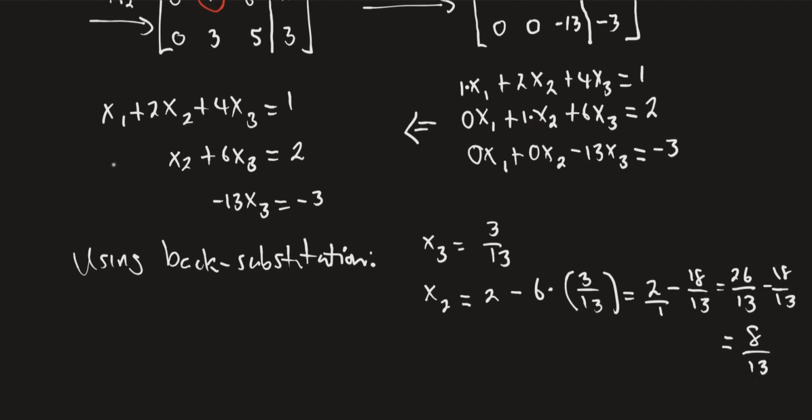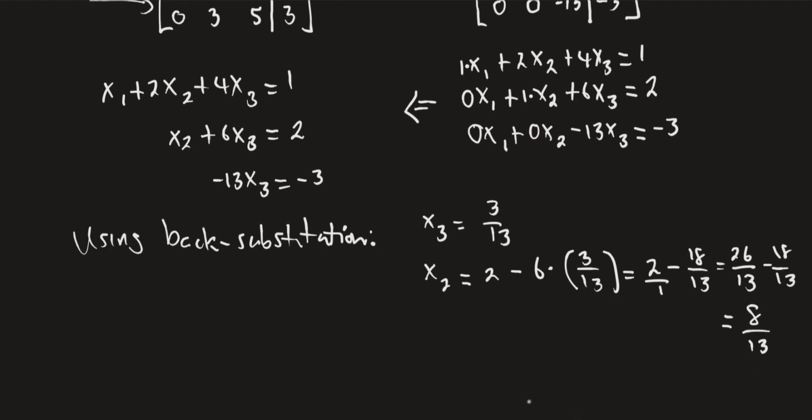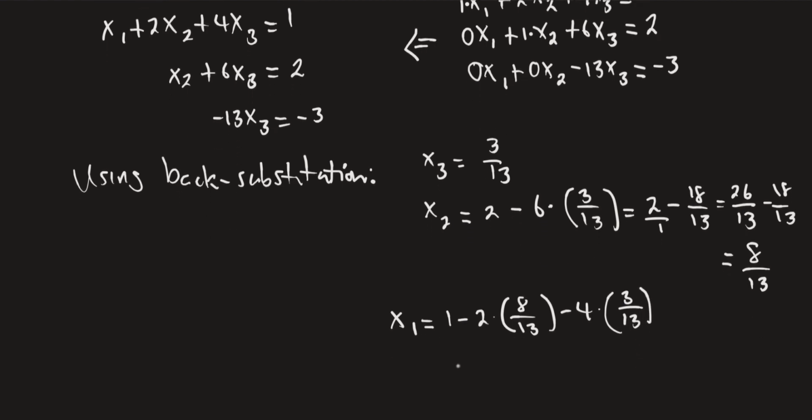And now the top equation, again having that pivot of 1, makes it easy for me to isolate x1. And it looks like this system will have a unique solution. x1 is equal to 1 minus 2 times whatever I just got for x2, and then minus 4 times whatever I just got for x3, which is 3/13. So let's see what we have here. We have now 1, let me write that as 13/13. Just expressing everything with the same denominator makes the arithmetic a little bit easier.